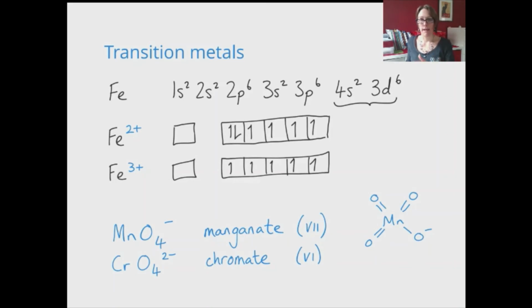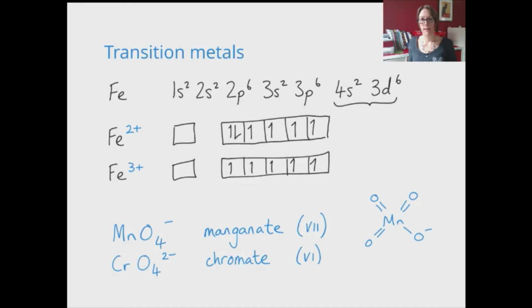That's going to be the maximum oxidation state for manganese, and that is because if you look at where manganese is in the periodic table, it's 4s2 3d5, which means it has a total of 7 electrons that it can share with our oxygen.